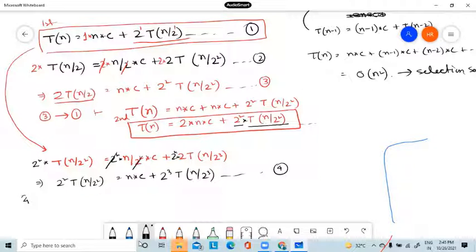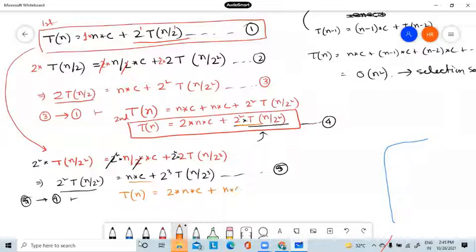Now what will I do? I will put 4 into this one. This is the fourth equation. This becomes the fifth equation. So now I am putting 5 into 4. If I put this value into this equation, then I will get t(n) = 2·n·c, then this will be replaced by this value: n·c + 2³t(n/2³).